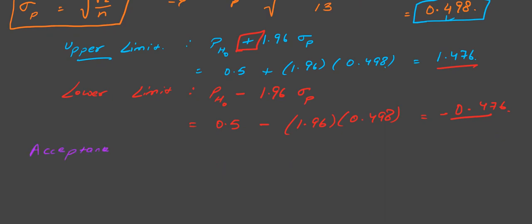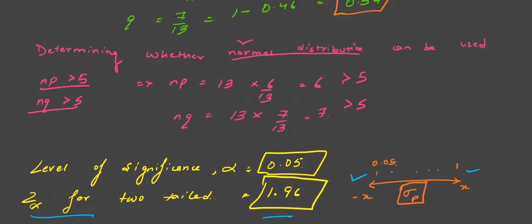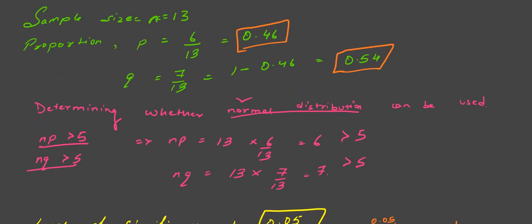The acceptance region lies from minus 0.476 to 1.476, and we need to check whether our proportion lies between this range or not. You must remember the value of our proportion P is 0.46.